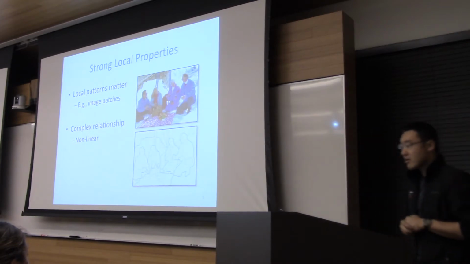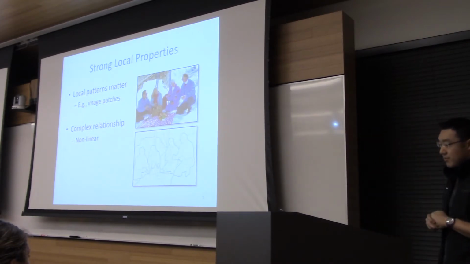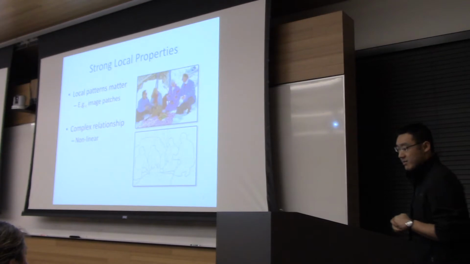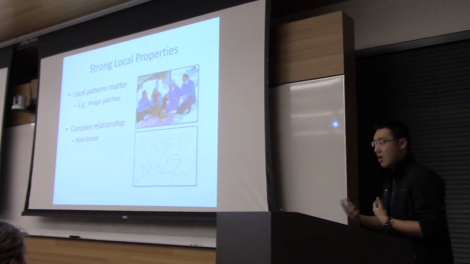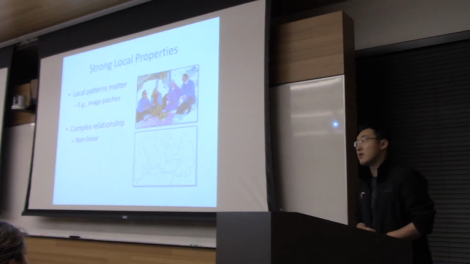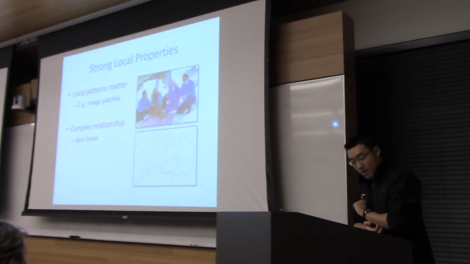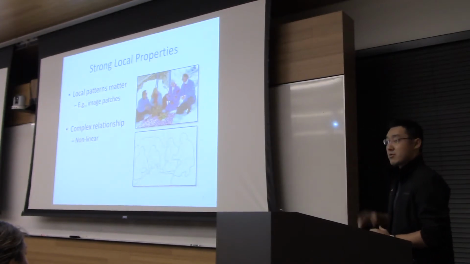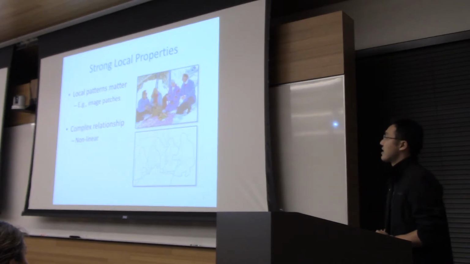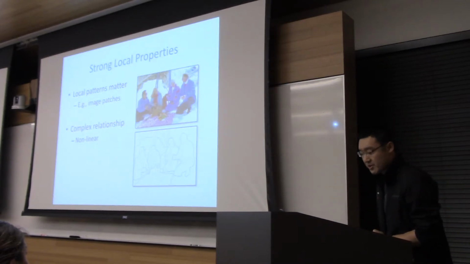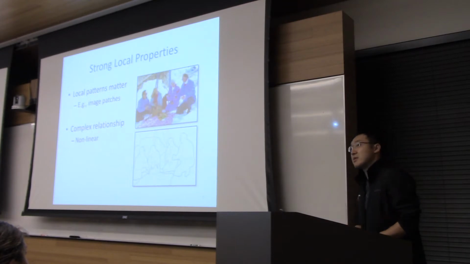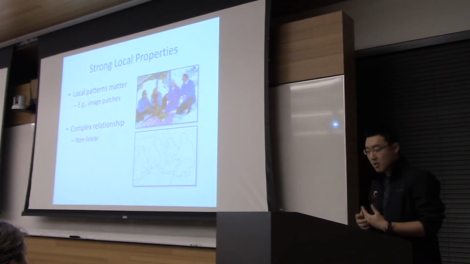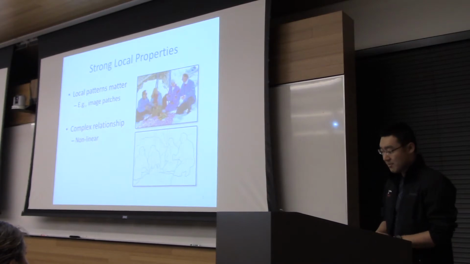And so what are some observations we can make about the edge detection space that can help us reduce the complexity of the prediction task? One of the very important ones, and we of course covered this in a different context with convolutional neural nets in the previous lecture, is the fact that images contain strong local properties. So it's the local patterns that matter, for example, the image patches.